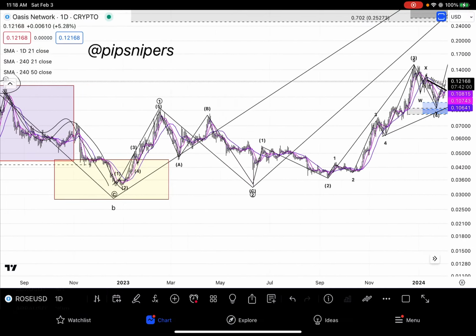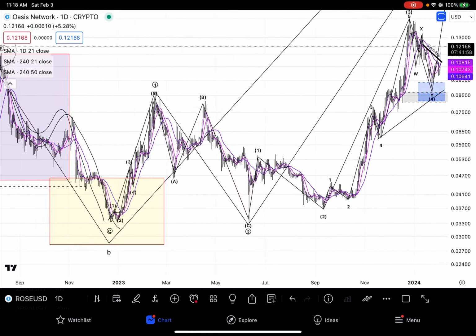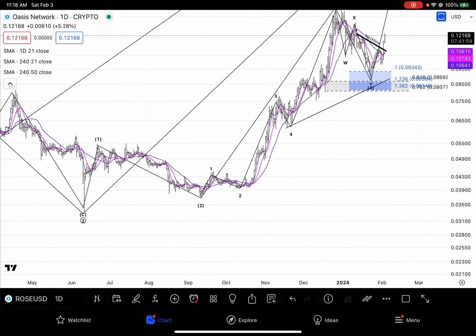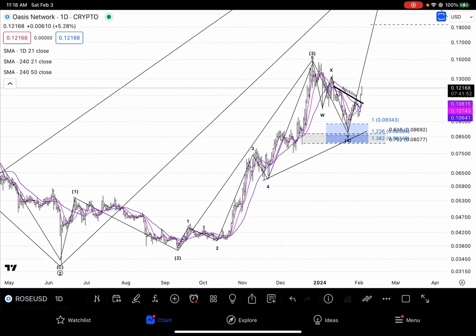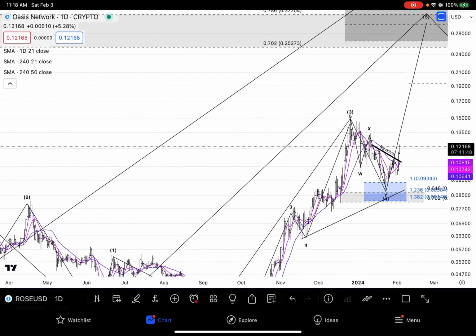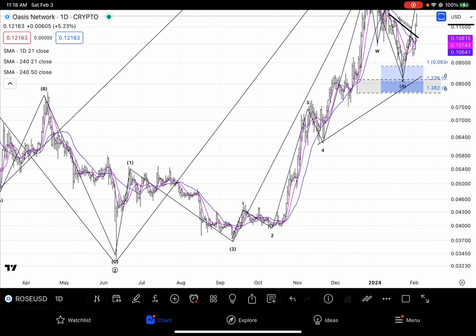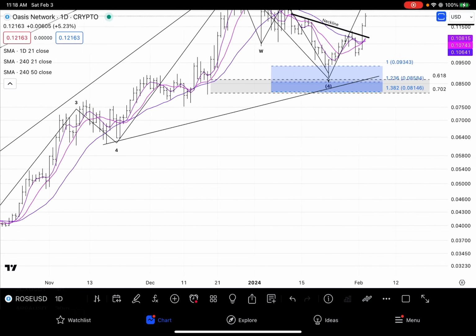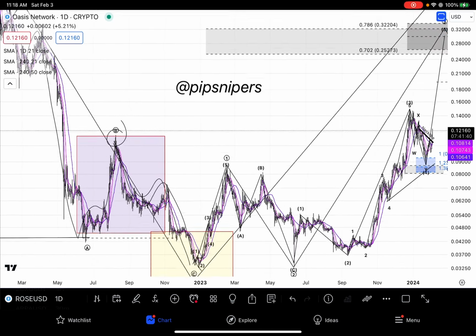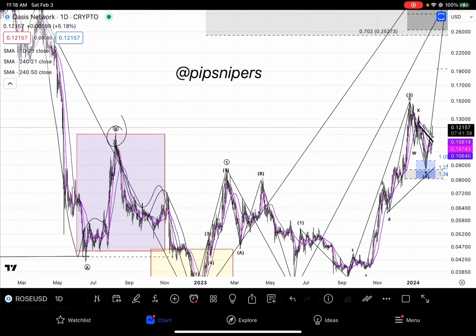So the C wave is going to be impulsive. So you have a 5-wave move to the upside, you have an ABC down, and then another 5-wave move up within your 3rd wave, come down for a 4th, and then you have a 5th wave up. So within your 3rd wave over here, it looks like we just finished our wave 3 of 3.